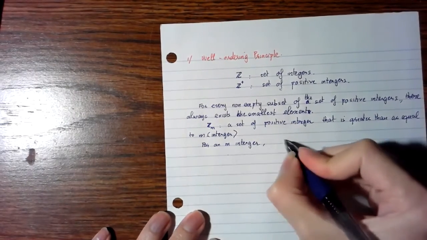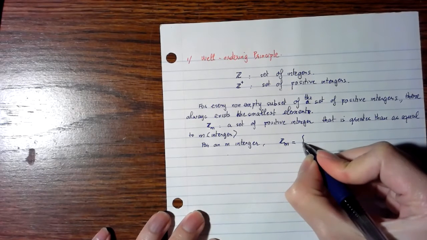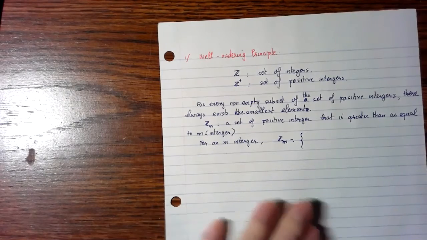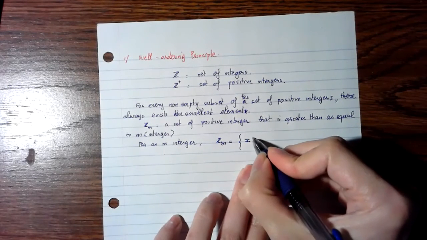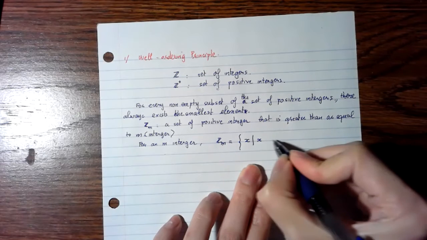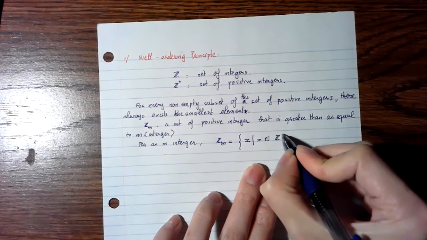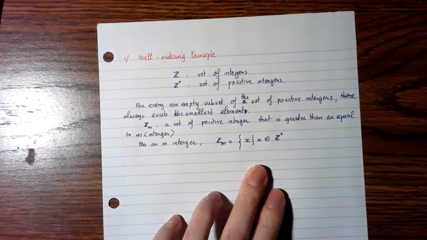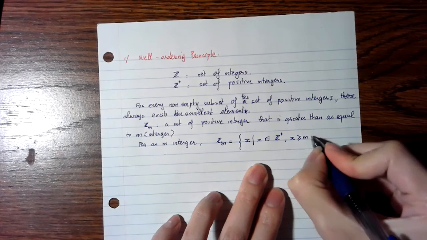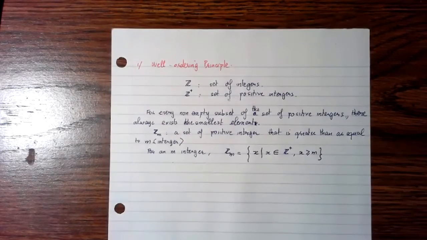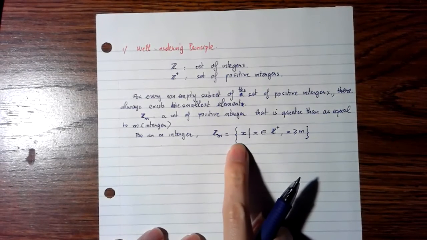Z sub m is equal to a set that contains all the integers x, where x is a member of the positive integers and x must be greater than or equal to m. I know some of you are already familiar with set builder notation.